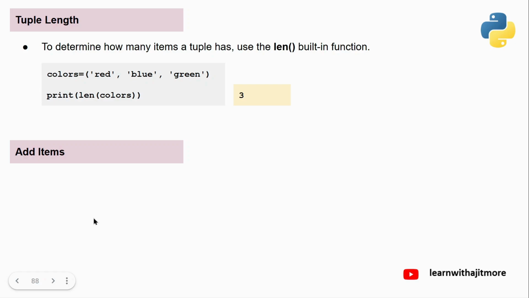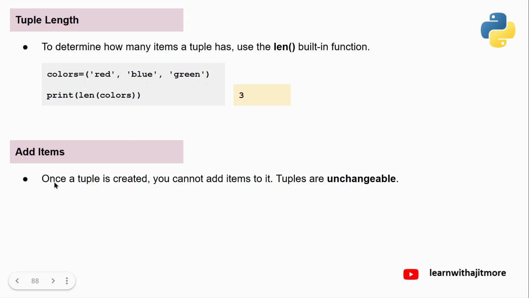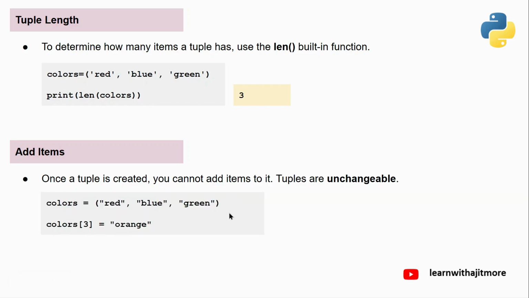But then if you may say like still I want to add, तो hack technique है अभी जो बताया, कि tuple को पहले list में लाओ, फिर list में value append करो and then again convert, which is highly discouraged. Getting? See here, once a tuple is created, you cannot add items to it. Why? Because tuple is immutable. Can we add any new item in it? No. ठीक है? It will give an error.